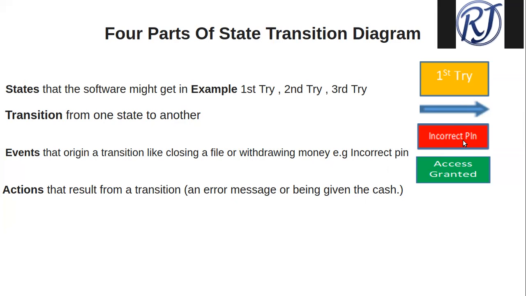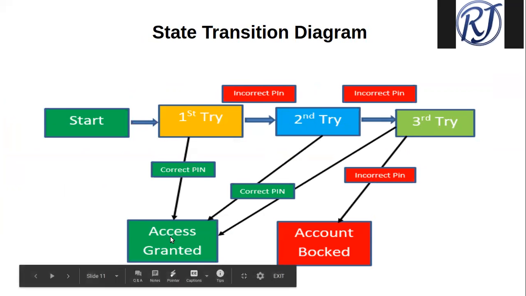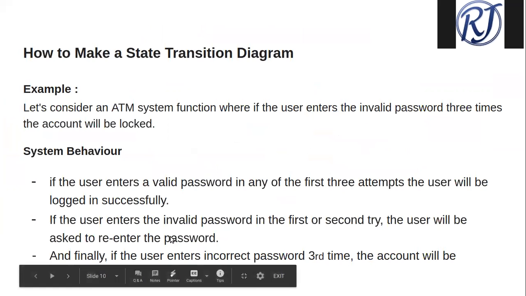So incorrect pin here is the event. As you can see in the diagram, in the first try, if an incorrect event takes place, then it reaches the second try. But if he doesn't enter an incorrect pin, if he enters the correct pin, then it will reach access granted. So these are known as events.